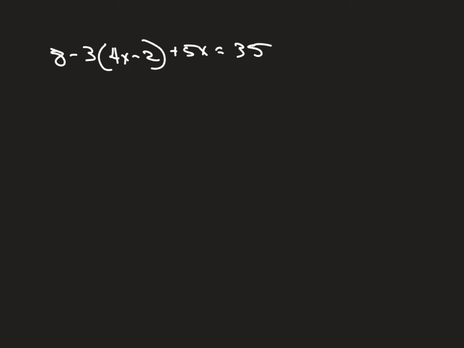Our goal is to get the x's together and by themselves on one side of the equal sign. So we're going to do our PEMDAS when necessary. So I'm going to look in the parentheses. Is there anything I can do to combine? No. There's no exponents, but my next step is multiplication from left to right. So I'm going to distribute that 3.